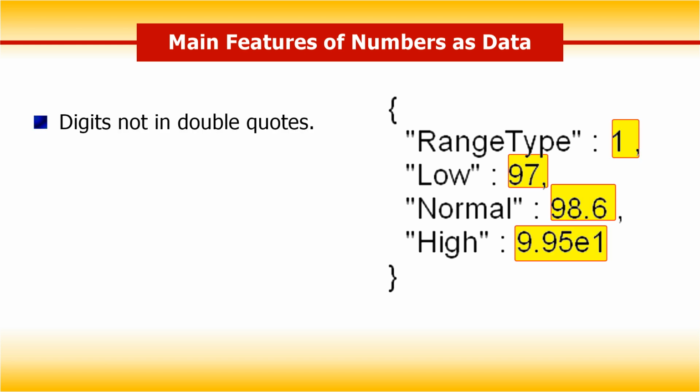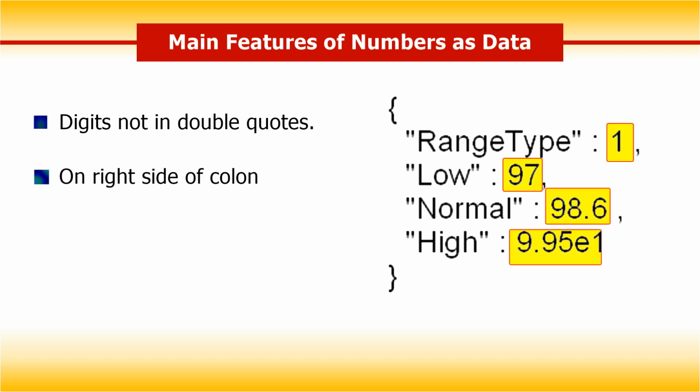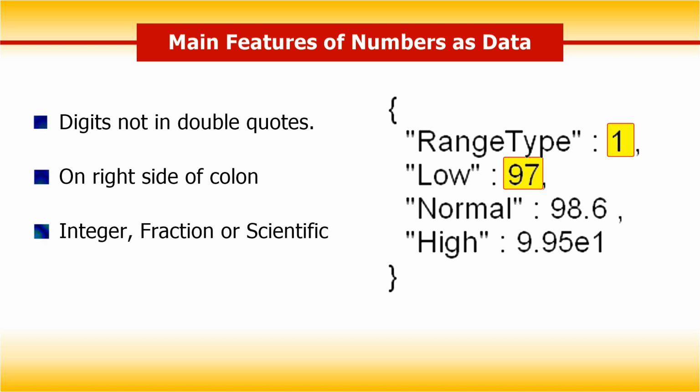JSON identifies numbers being a data value item which contain digits or sign indicator which is not enclosed in double quotes. Similar to other data types, the number data value also needs to be on the right side of the colon character.